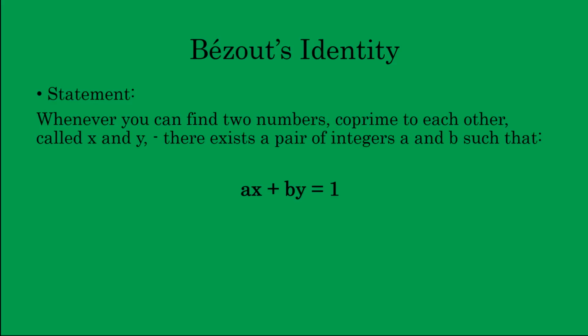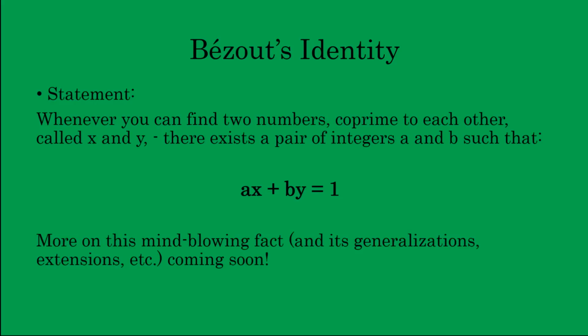Again, this is one of those wonderful, concise formulas that arises in number theory, and it's extremely interesting. This is one of the things I hope to describe in more detail in the sequel. So more on this mind-blowing fact and its generalizations and extensions, something called the extended Euclid algorithm, which is very interesting, will be coming soon.